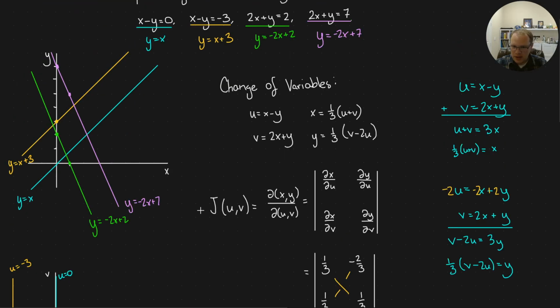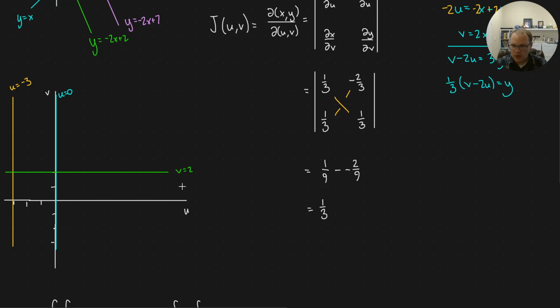And then finally, y equals negative 2x plus 7 is the same thing as 2x plus y equals 7, which is v equals 7. So 1, 2, 3, 4, 5, 6, 7. And so this problem is a little less work than the other one because we could see the region that we're dealing with here is this one right here.